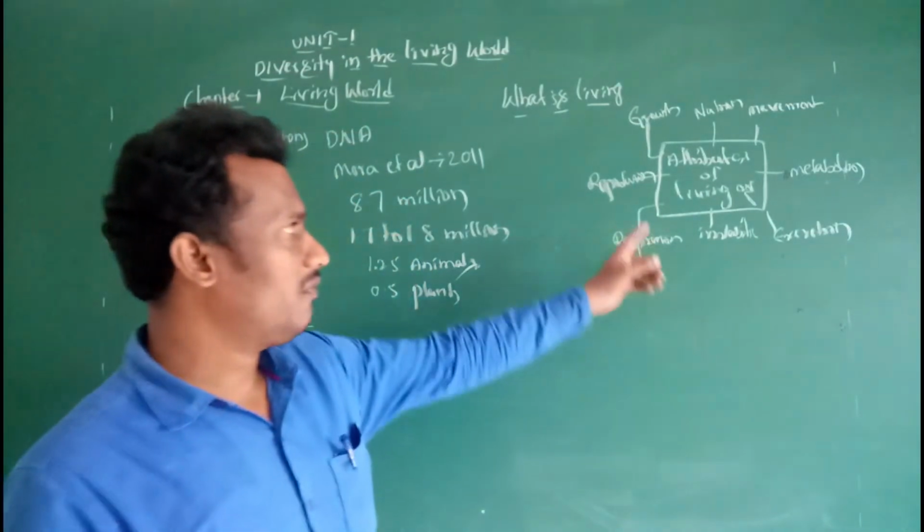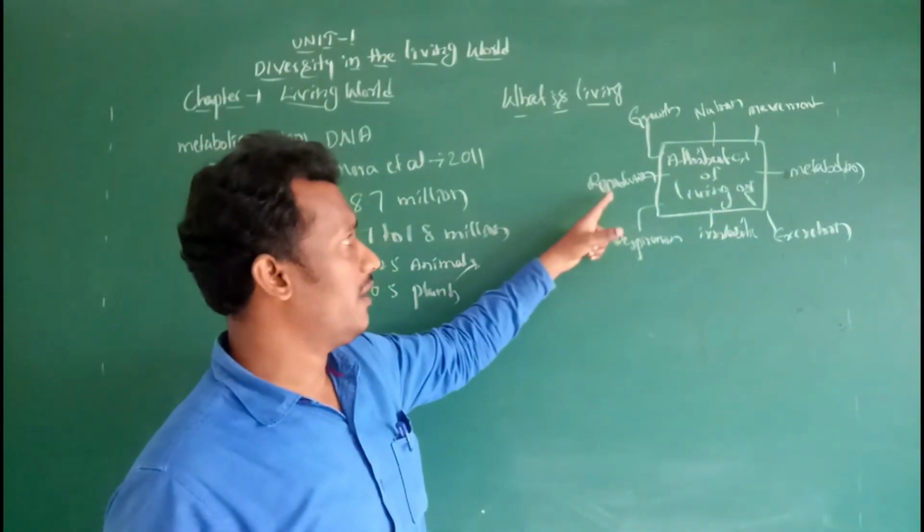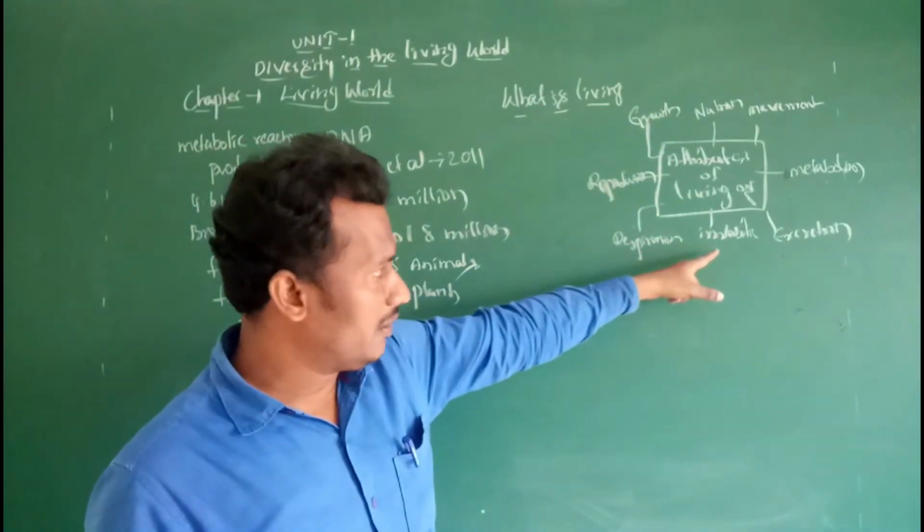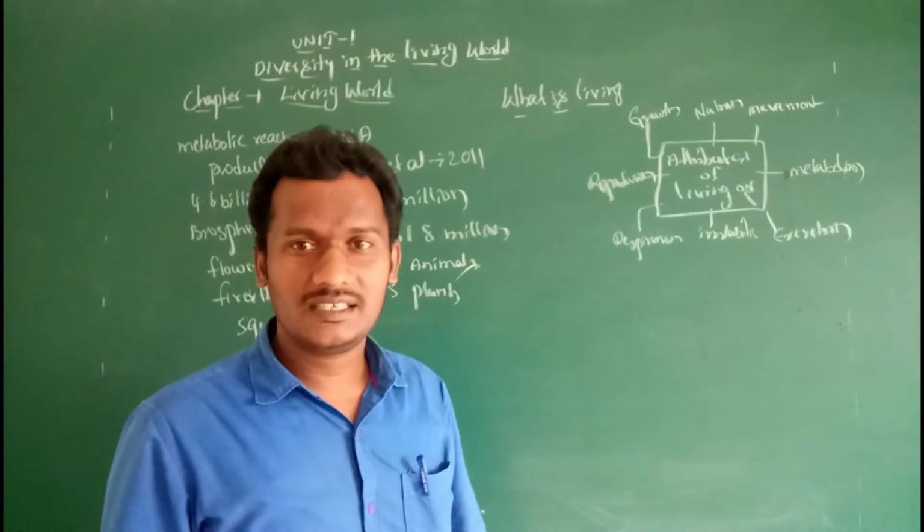Some attributes of living are metabolism, reproduction, growth, nutrition, movement, respiration, irritability, then excretion.